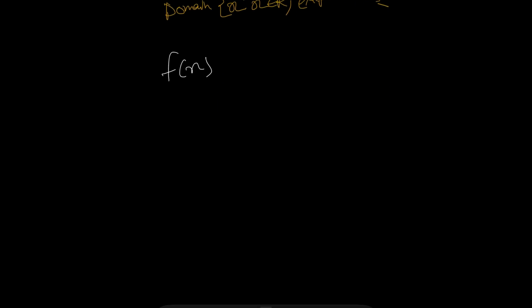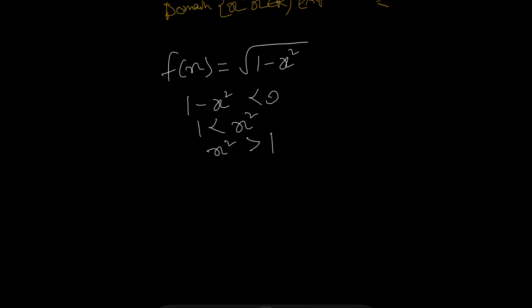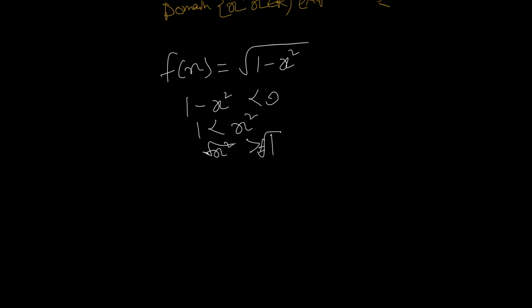Let's also try f of x equals square root of 1 minus x squared. For this to be less than 0, we have 1 is less than x squared, or x squared is greater than 1. This is the same thing, I've just flipped the inequality. I find the square root of both sides, which will give us a plus or minus sign. We have x greater than plus or minus 1.